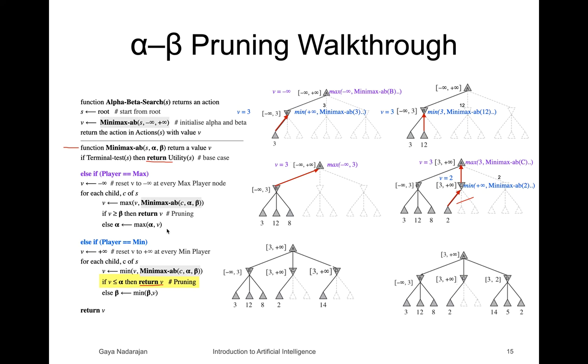Else alpha is going to be the max between alpha and V. So since V is 3 and alpha is 3, nothing happens. So alpha doesn't get updated, okay? So the main thing here is we ignored this portion of the tree.